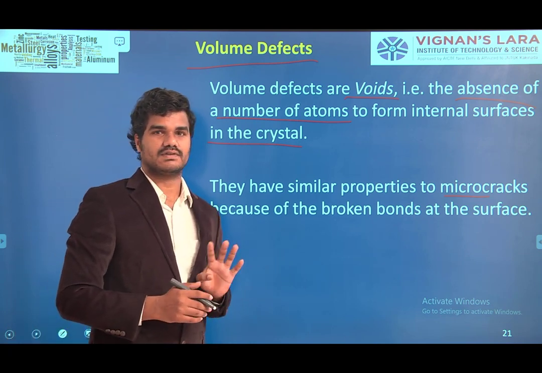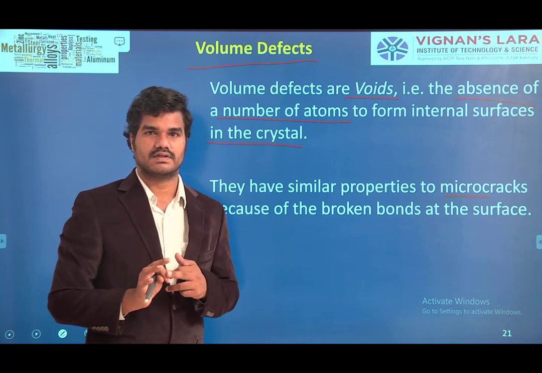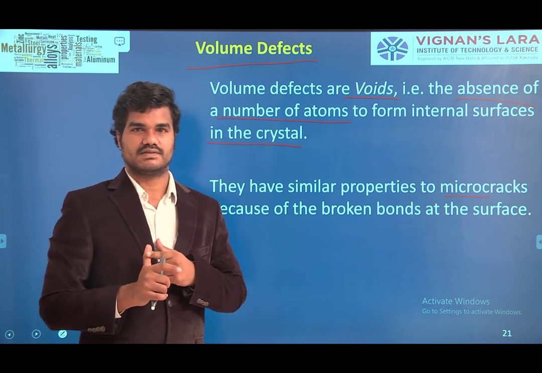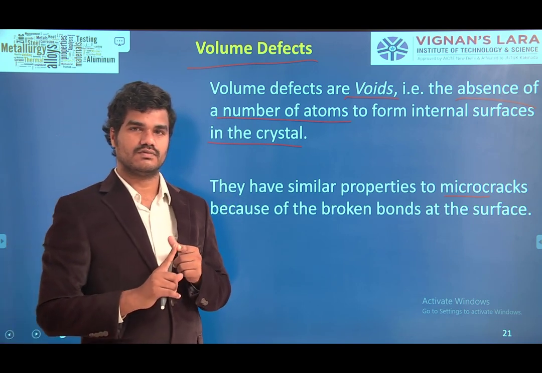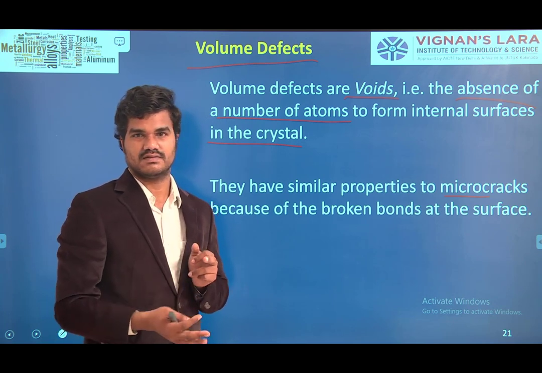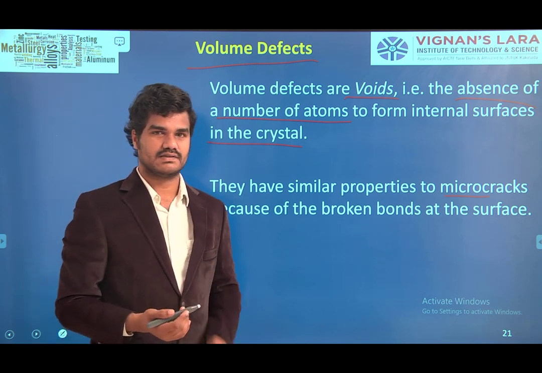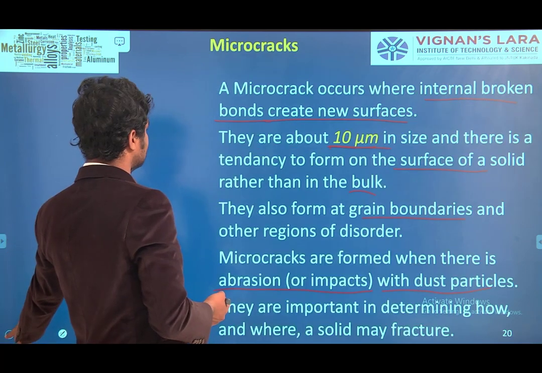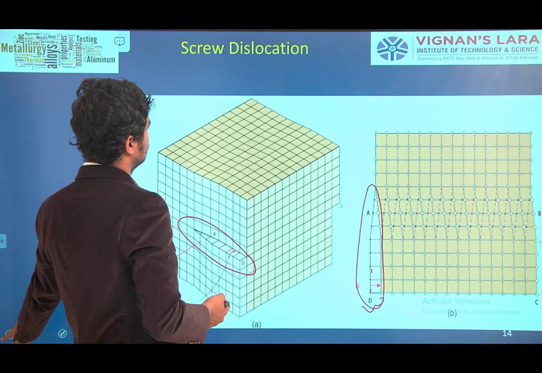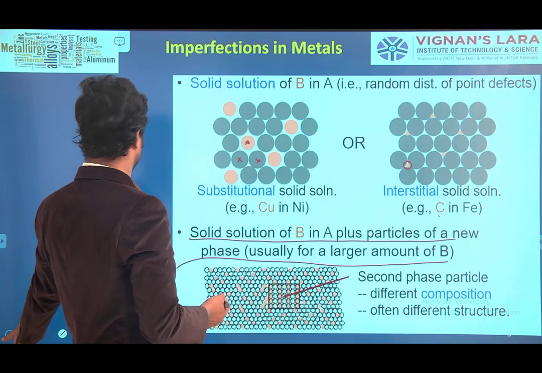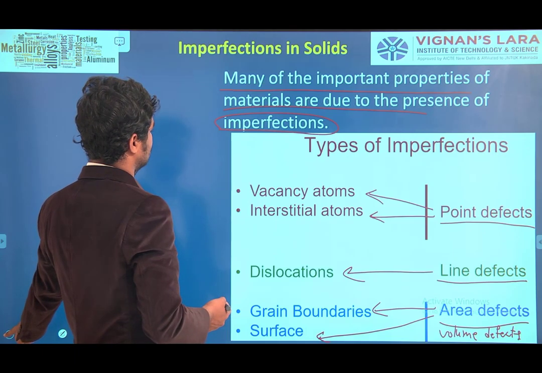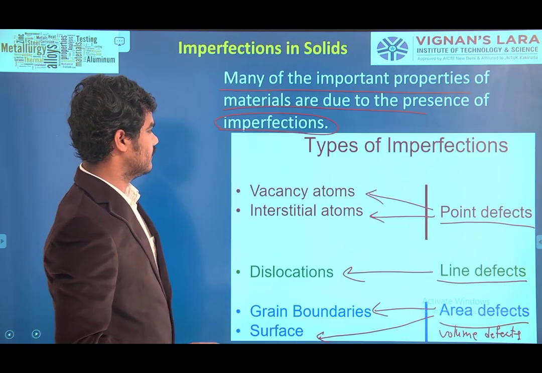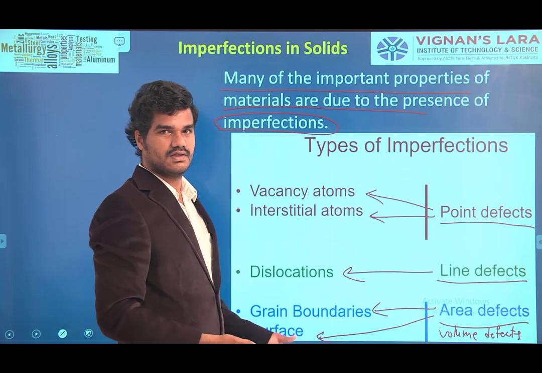Imperfections are of four types: point defect, line defect, planar defect or area defect, and volume defect. Point defects are of two types: vacancy and interstitial or substitutional, which we already discussed.